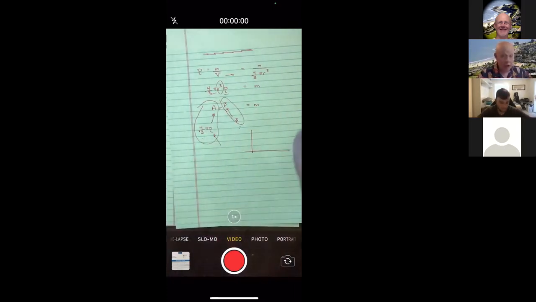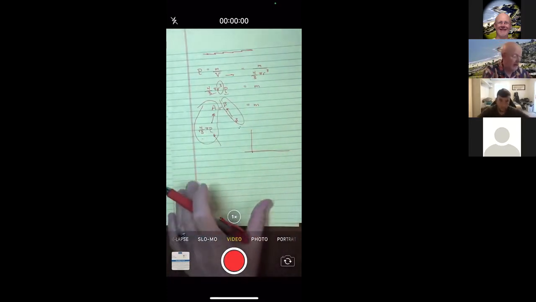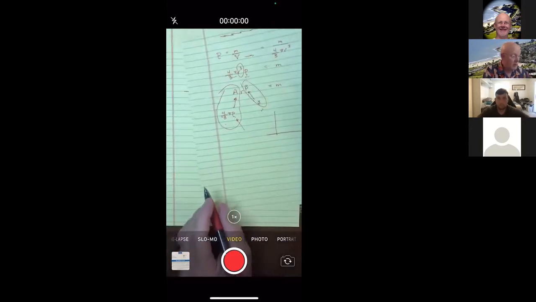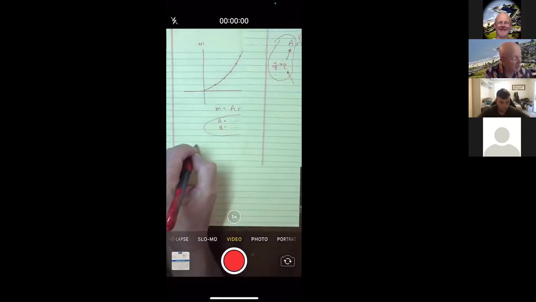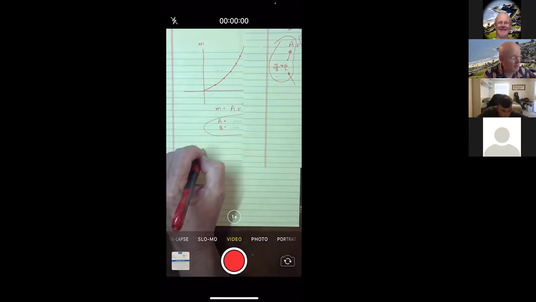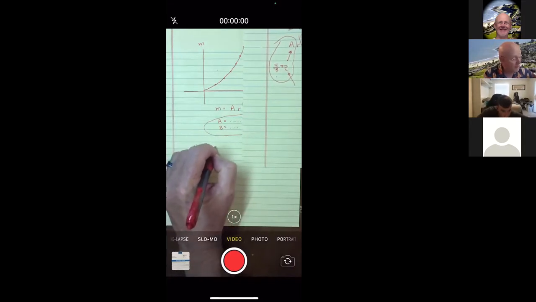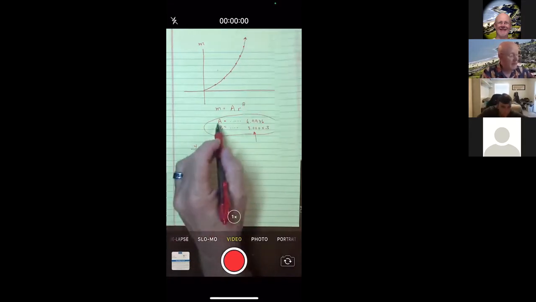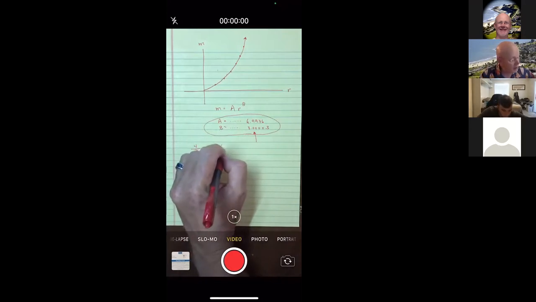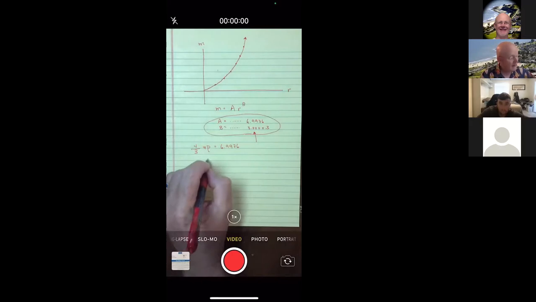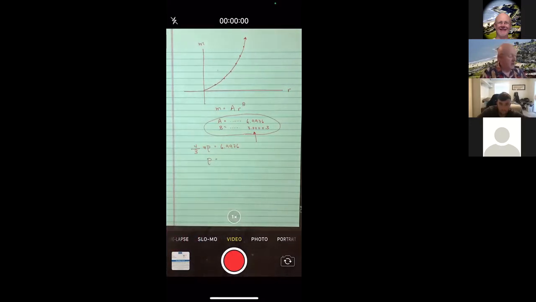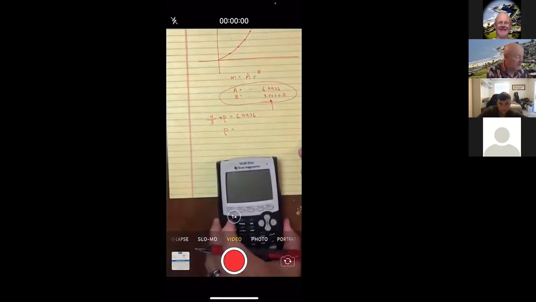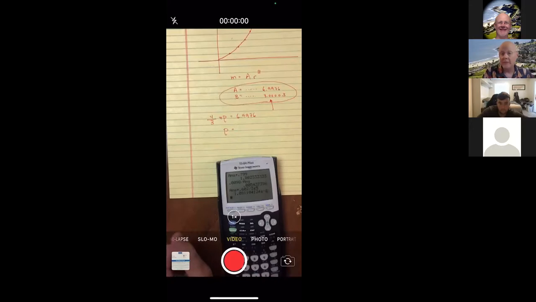But what we could do, and I think this is what you're asked to do, is take the theoretical value, the 4 pi rho, and set it equal to what you found in the experiment. That way, you can figure out what the experimental density is.